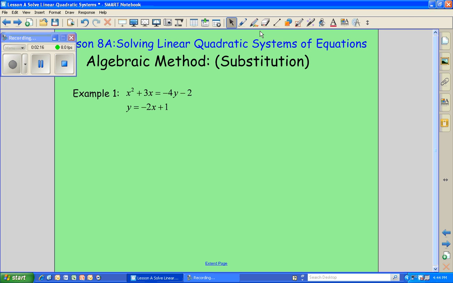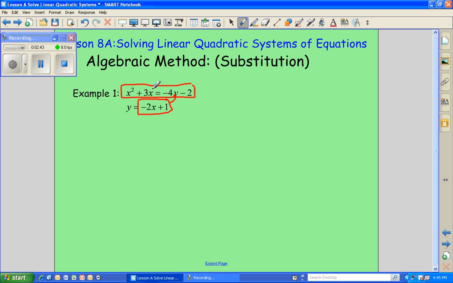If you have a situation where a single variable has been isolated, like in this case we have y being isolated, then this is a good reason to use the substitution method. So what you're going to do is take the other equation, and wherever we have y, we're going to replace y with this equivalent amount, negative 2x plus 1.